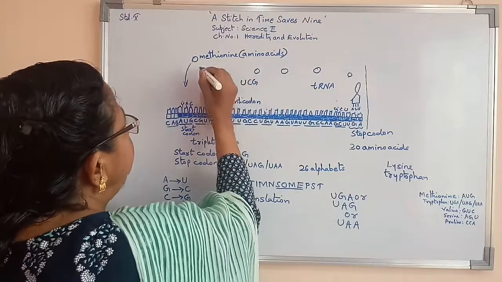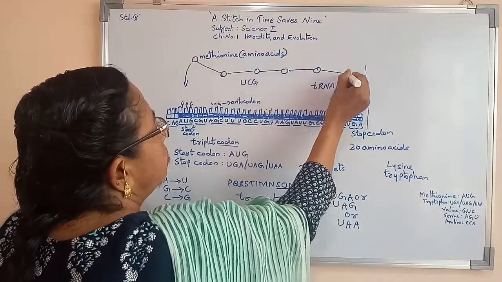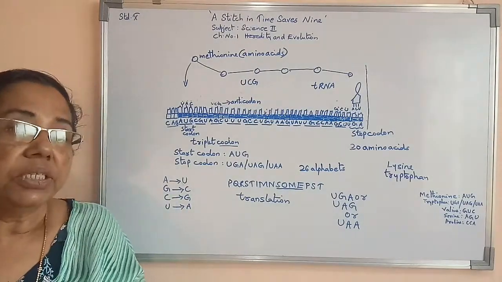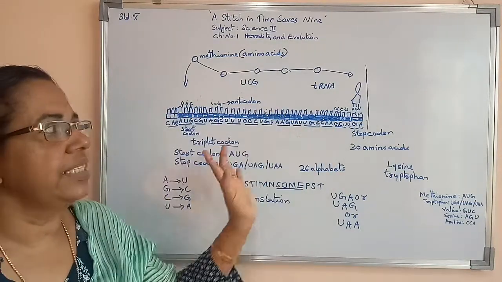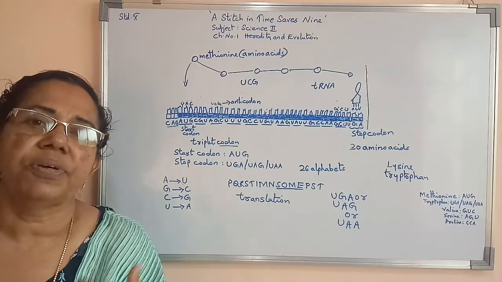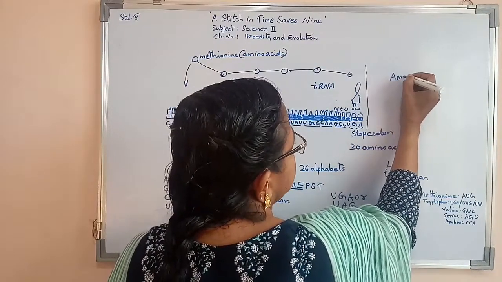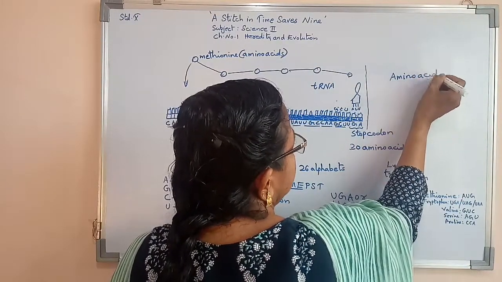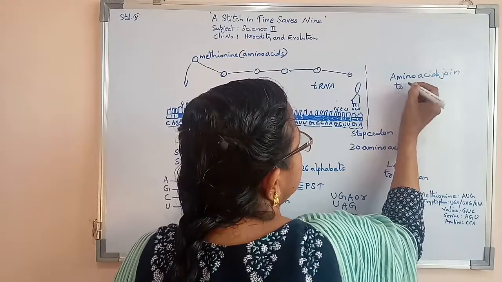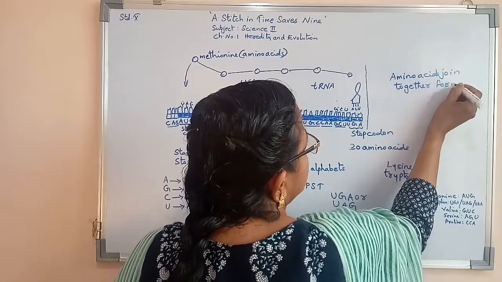Now the brought amino acids will join together, and a protein will be produced. So here we can say that this messenger RNA is helping in the formation of a protein. Amino acids join together and form proteins.